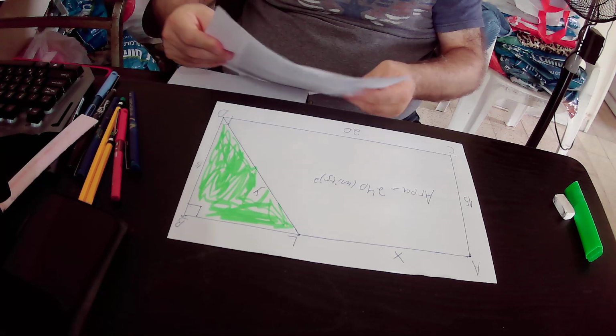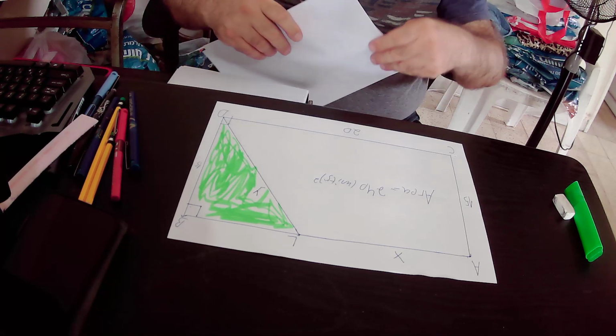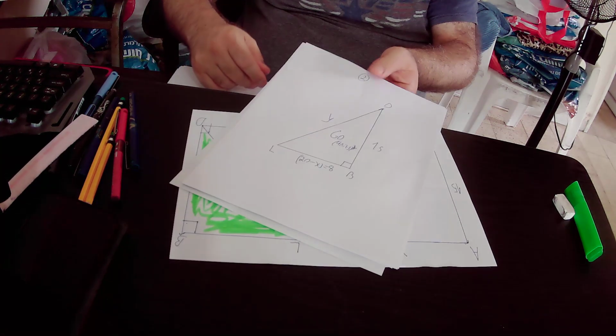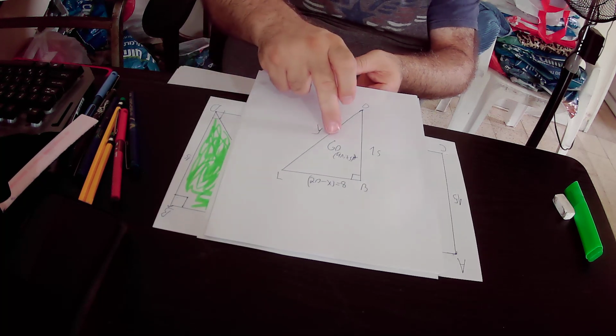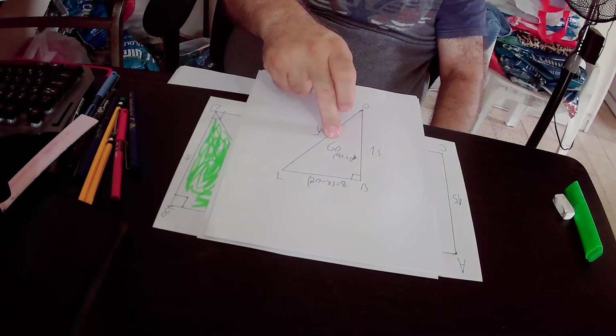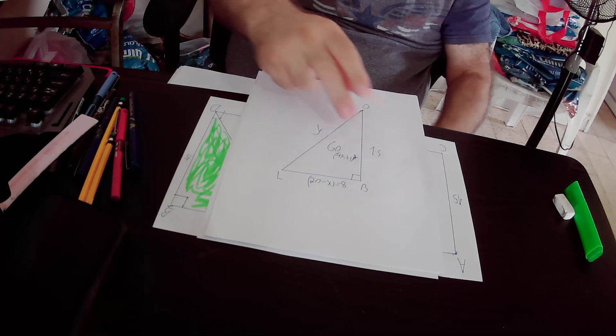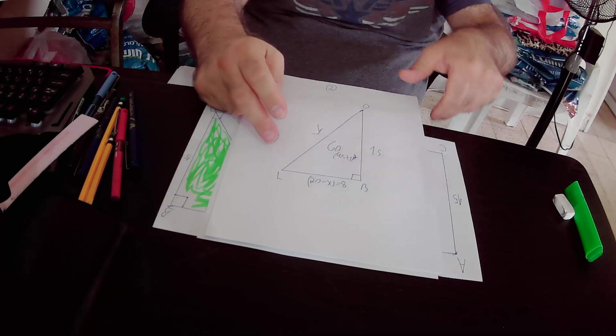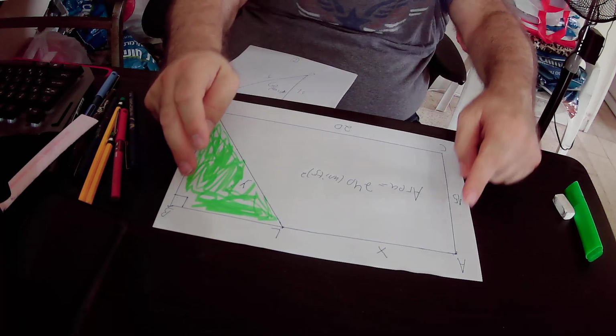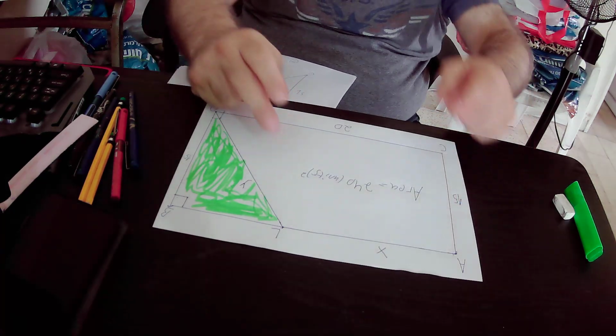Okay, so I copied again the right green triangle LBD. We know that the area of this right triangle equals 60 units squared. This side equals 15 units, and the size of LB equals 20 units minus x.